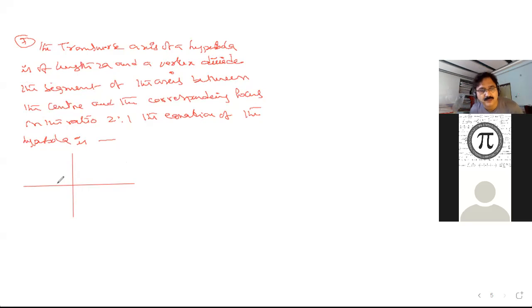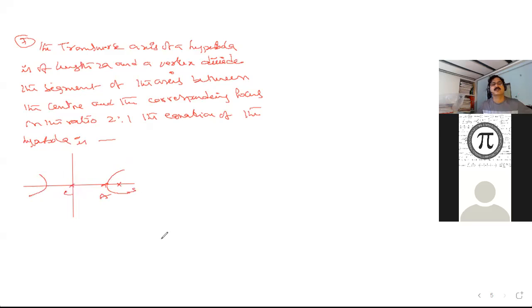And then the equation of the hyperbola is asked. Okay, no problem here. This is the hyperbola. Center here, vertex here, corresponding focus is this.